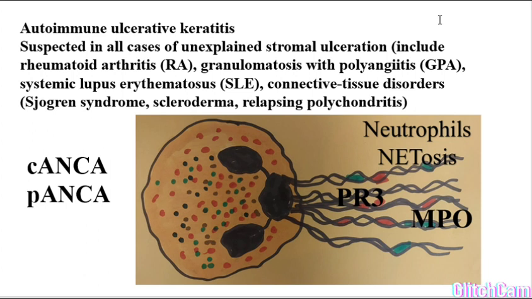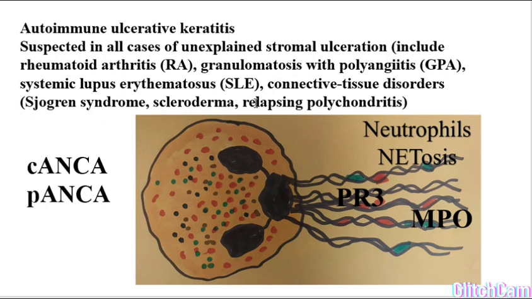The triggers include rheumatoid arthritis, granulomatosis with polyangiitis or GPA, systemic lupus erythematosus, connective tissue disorders, for example, Sjogren's syndrome, scleroderma, relapsing polychondritis.